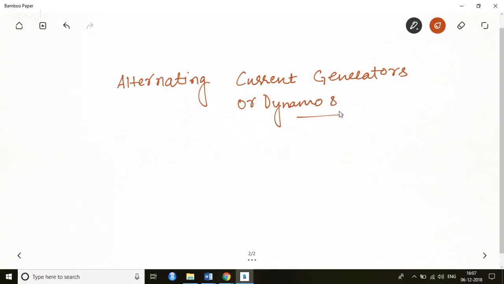So alternating current generators are also called dynamos. Now, in your book, a figure has been made. Let me check the page number for you. On page number 29, all of you just go to page number 29.